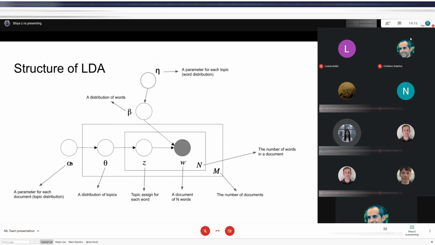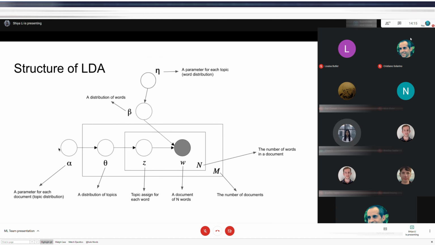Alpha is a parameter for each document, and as we talked about before, a document is a topic distribution, and eta is also a parameter for each topic. So the topic is the word distribution.